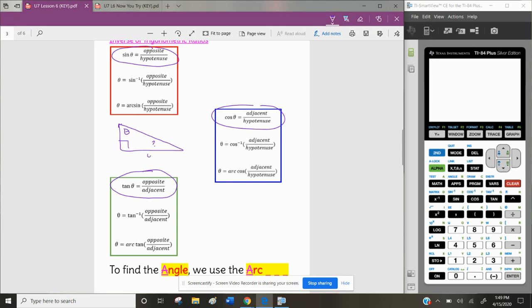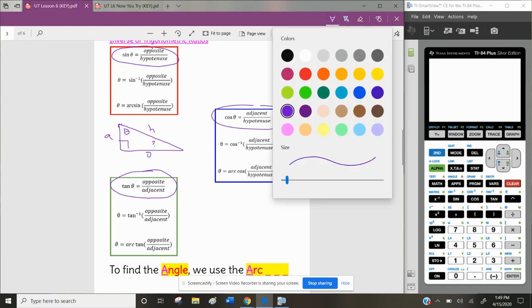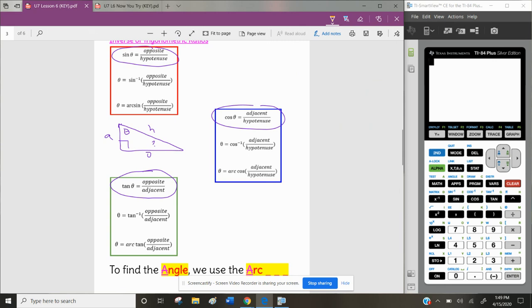Then I would look at which sides out of opposite, adjacent, and hypotenuse I was given to identify which ratio I could use. And then since we're looking for the angle, we would use one of these equations. This middle equation is the one that you're going to see in your calculator when you push the second sine or the second cosine or the second tangent button.